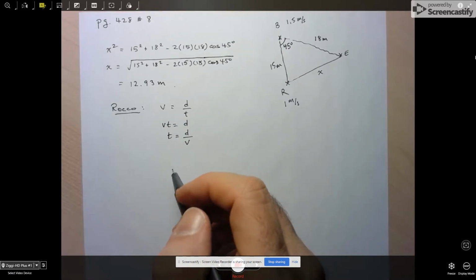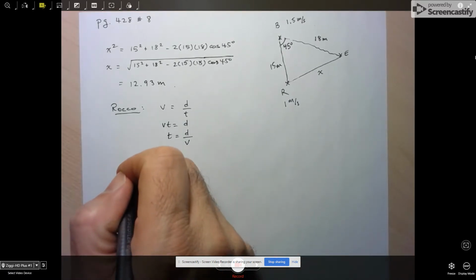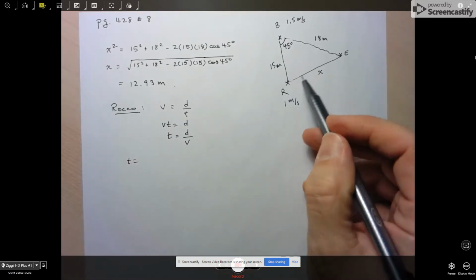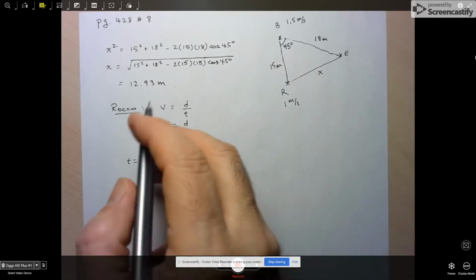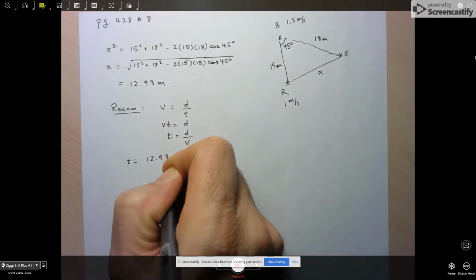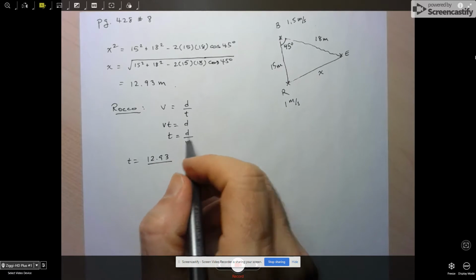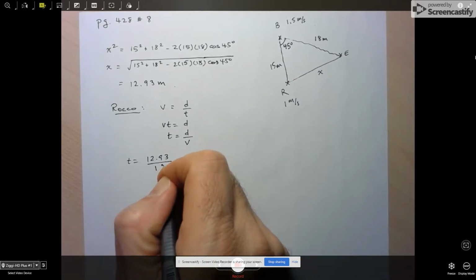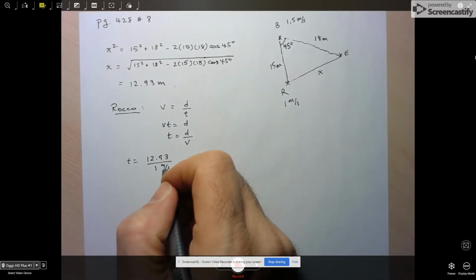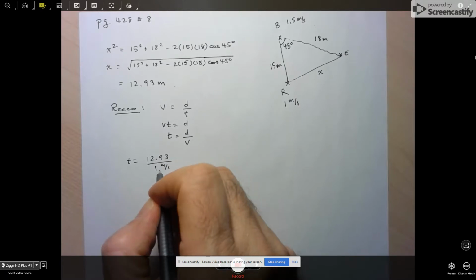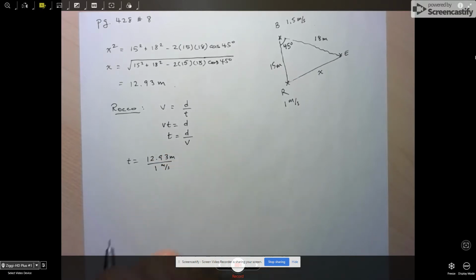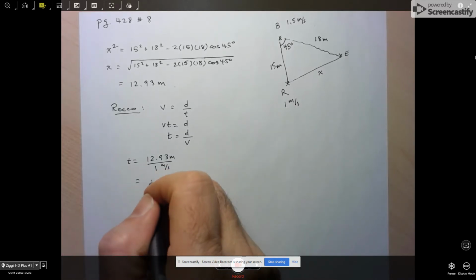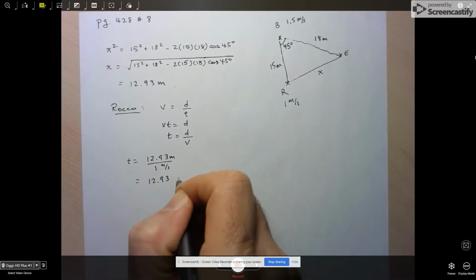All right. So now for Rocco, let's do time is equal to the distance he travels, which we just found was 12.93 meters, over the speed, which is 1 meter per second. Okay. So I guess in math, we don't necessarily expect you to put the units at each step. I know in science classes they do, so you can decide what to do. And this is really easy. It's just 12.93 seconds.